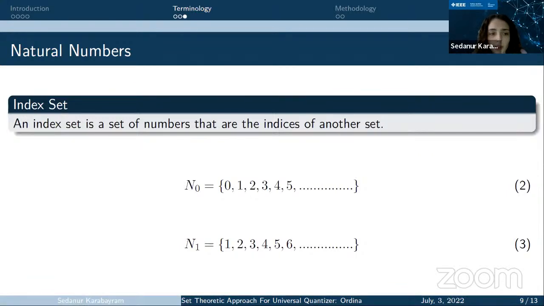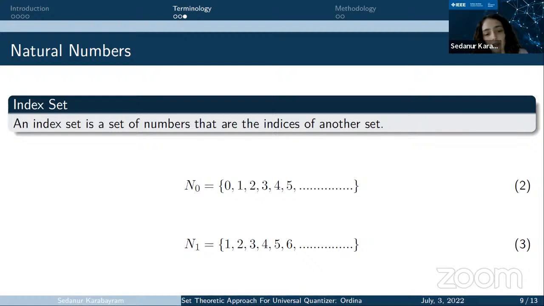Ordinal numbers are the numbers that indicate the index of a number in a countable finite set. So natural numbers properties, including index set, I need to explain index set. An index set is a set of numbers that are the indices of another set.